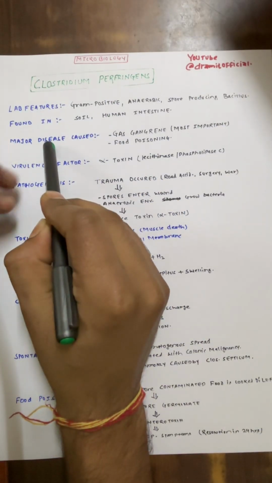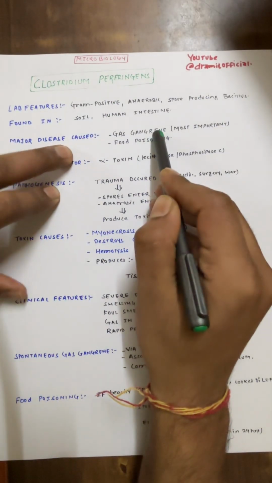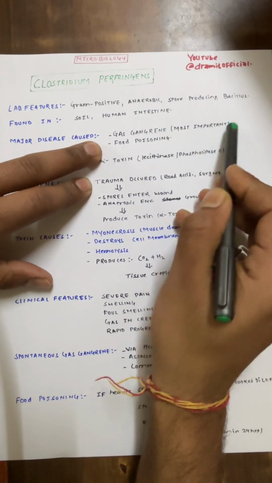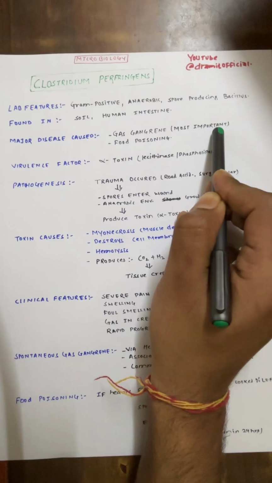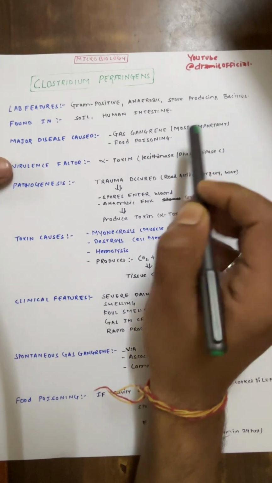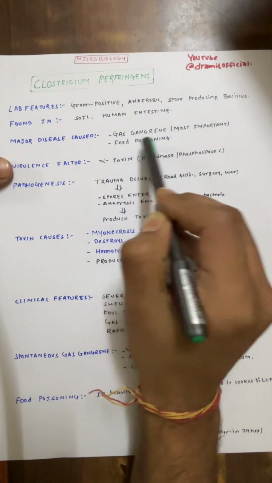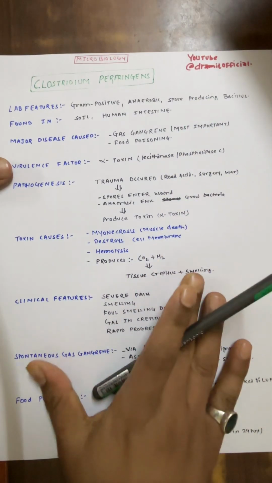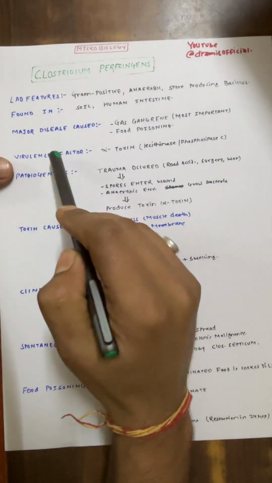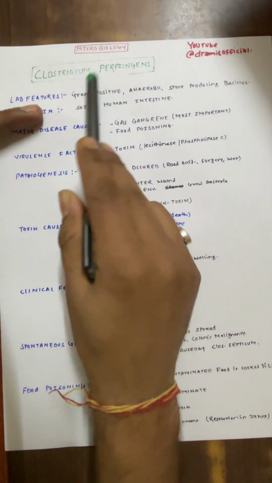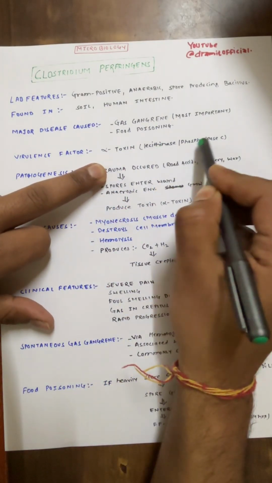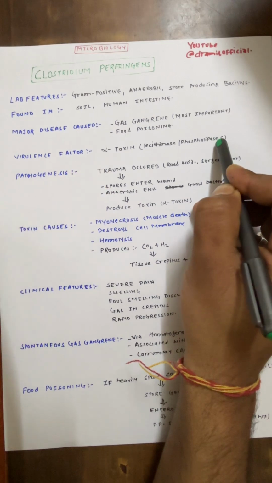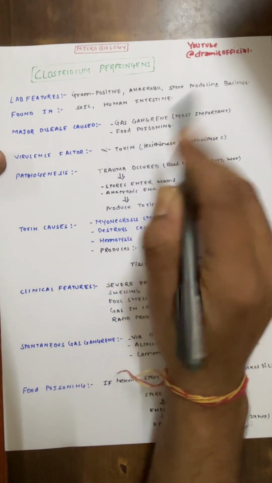Because it causes a major disease called gas gangrene, which is very important and most often asked in professional exams and in MCQs in the entrance exams. It causes gas gangrene and food poisoning. Now, what is the virulence factor? Alpha toxin, which is also called lecithinase or phospholipase C.